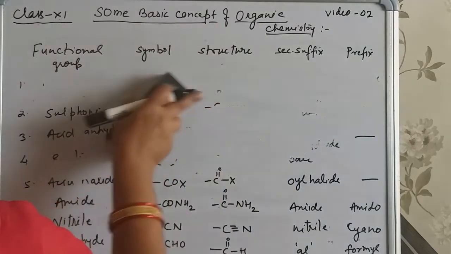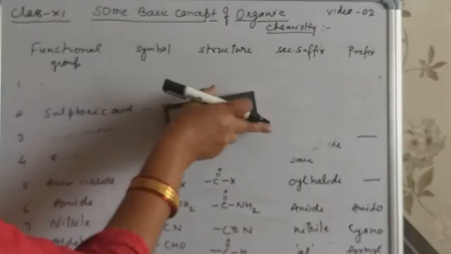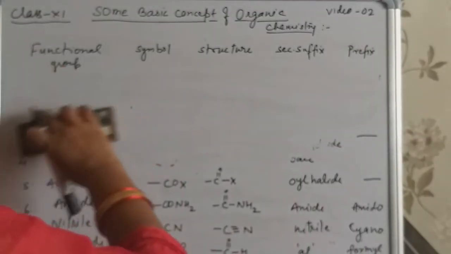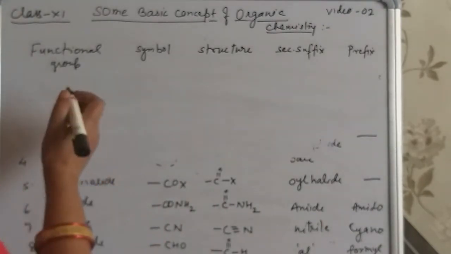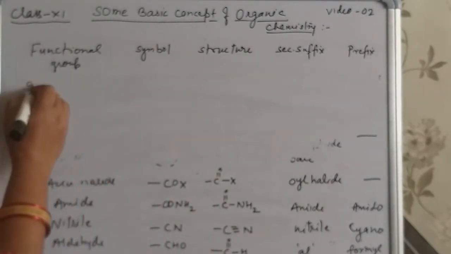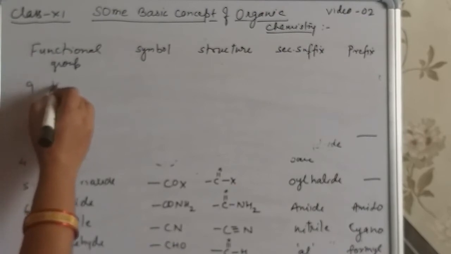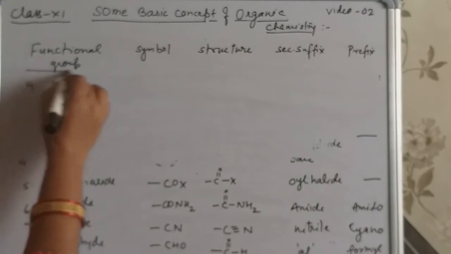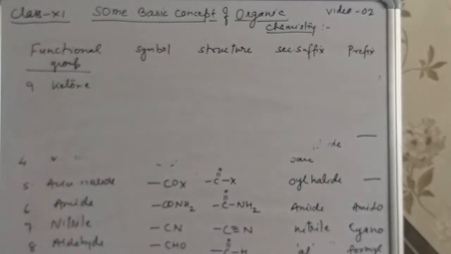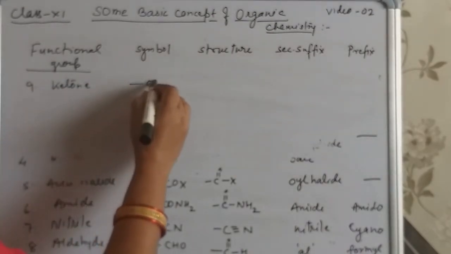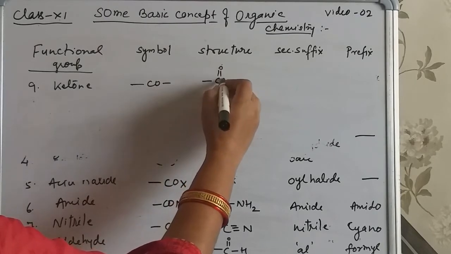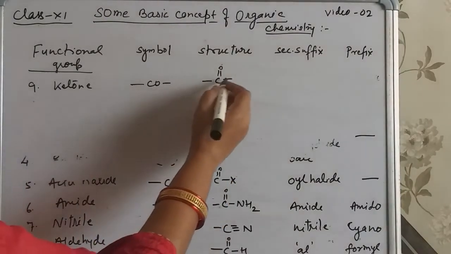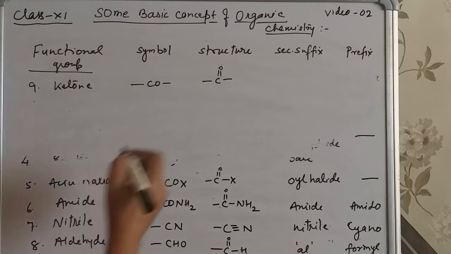These are the parts of writing the IUPAC name of the compound. These are the rules. Next, number 9, ketone. The symbol is CO, structure C double bond O. Both the valencies of carbon are free.